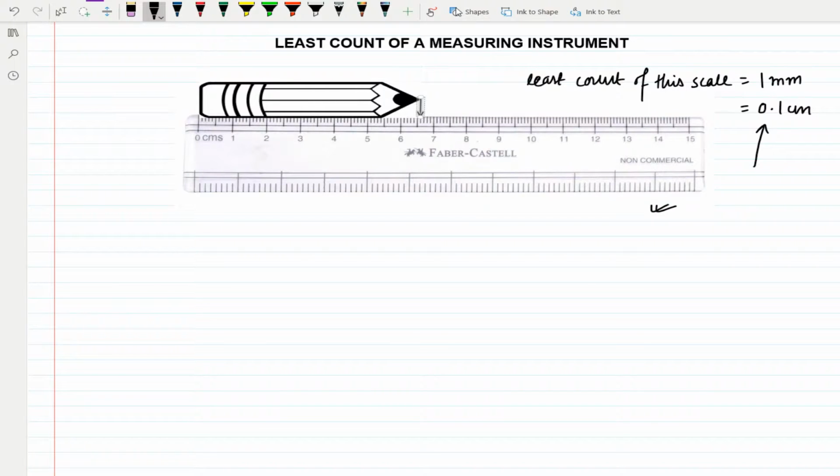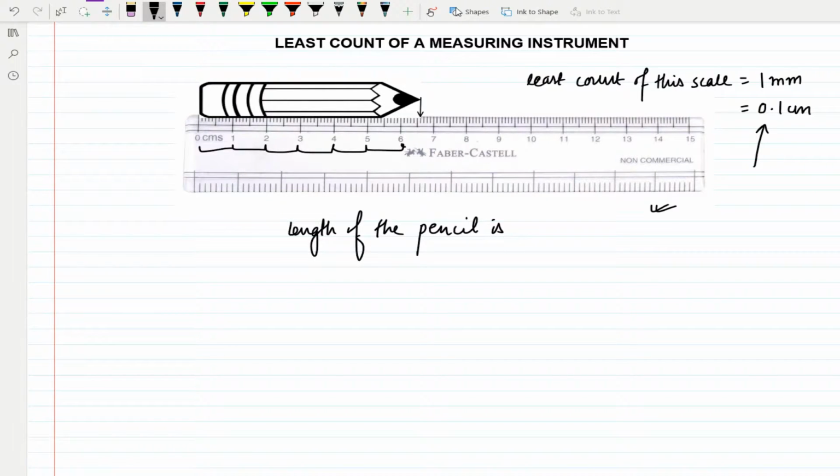So in this example, you can say that the length of the pencil is: you see it is 1 centimeter, 2 centimeter, 3 centimeter, 4, 5, 6, and then the sixth division after it, so it is 6.6 centimeter. Now you can see that this reading has only one decimal place.